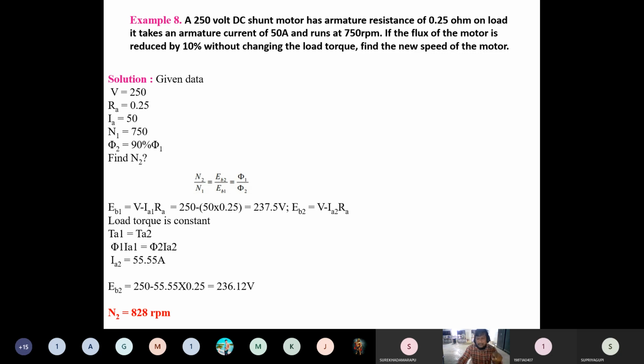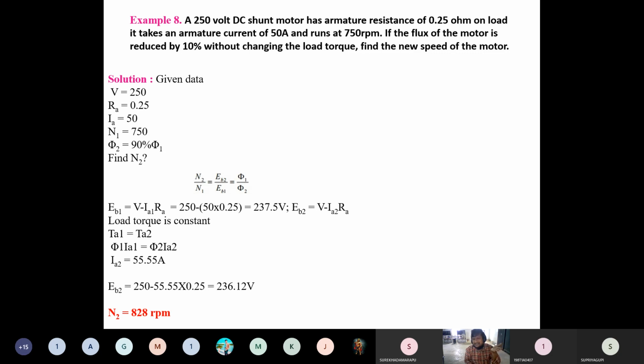We know the phi 1, phi 2 relation. Phi 1 by phi 2 is equal to 1 by 0.9, and Ia1 we know is 50. Therefore Ia2 is 50 by 0.9, equal to 55.55 amperes. So simple: flux is reduced, armature current increases.